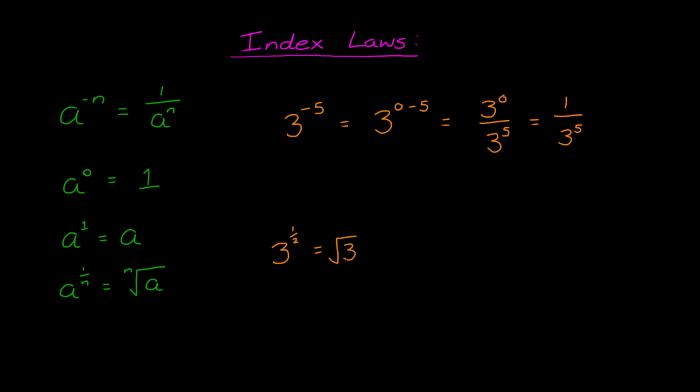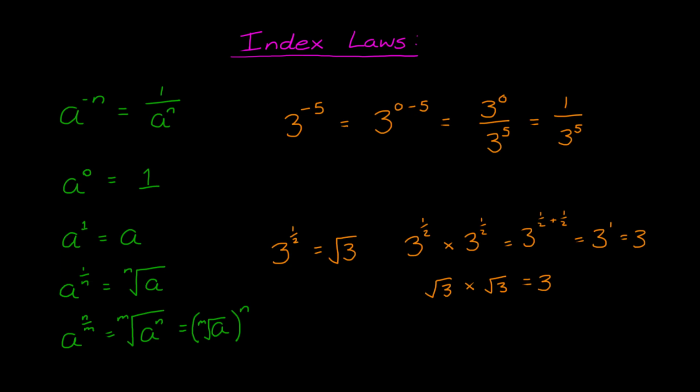And it's easy to see how this works. 3 to the power of 1/2 times 3 to the power of 1/2 has to equal 3 to the power of 1/2 plus 1/2. But that's just 3 to the power of 1, or 3. So we've got two identical numbers, 3 to the power of 1/2, multiplied to give the answer 3. That's the very definition of how a square root works. Square root 3 times square root 3 is equal to 3.